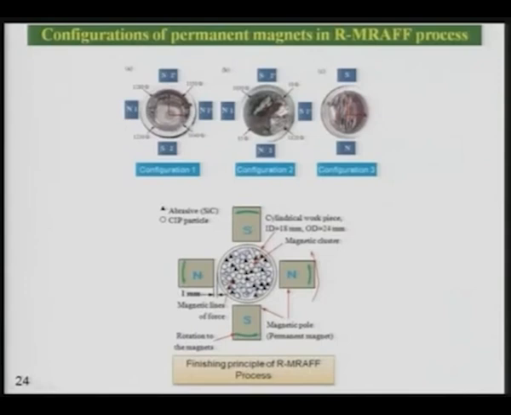You can clearly see the magnetic particles and the abrasive particles, and these clusters are being formed. When these magnets are rotating, the whole of this medium is also rotating, and once the medium is rotating, there is a relative motion in the rotating direction between the abrasive particle and the workpiece surface. And do not forget that this medium is continuously moving up and down due to the upper hydraulic cylinder and lower hydraulic cylinder.